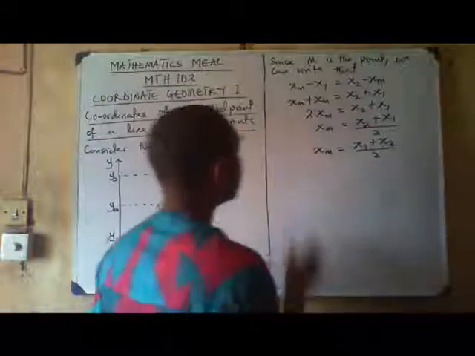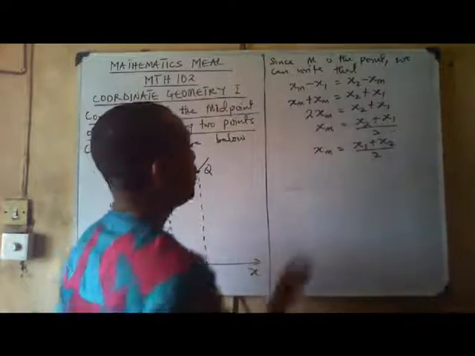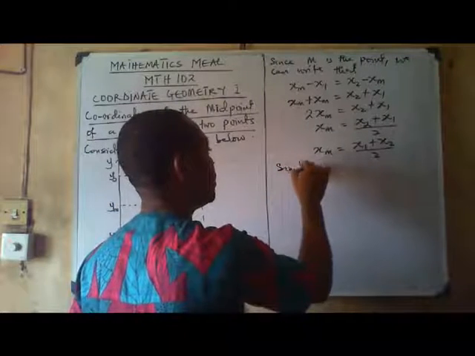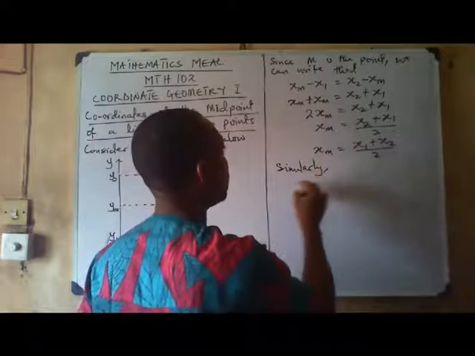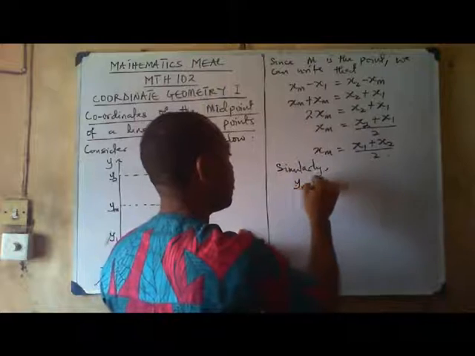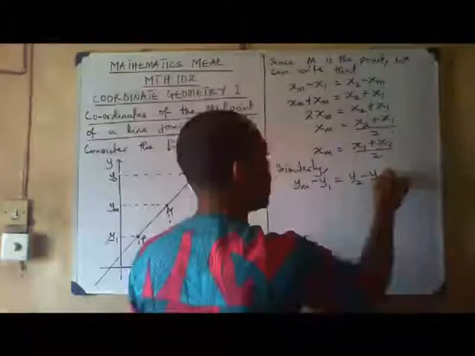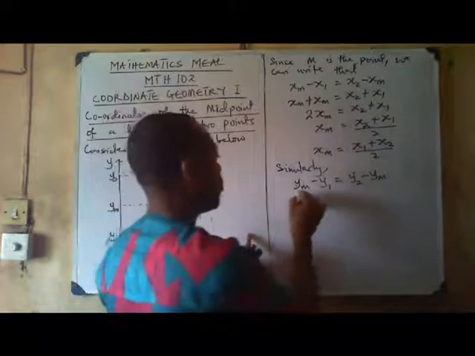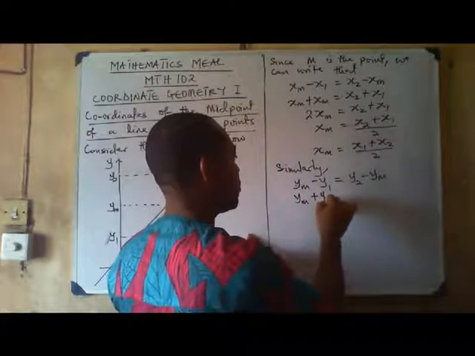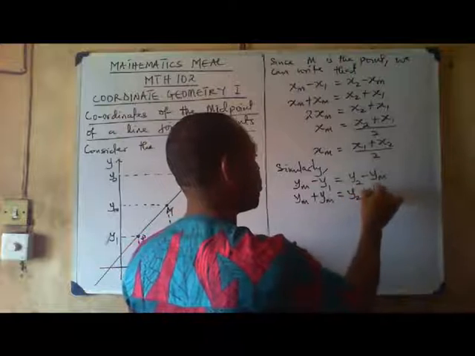We know that. Similarly for y, we can also say that ym minus y1 equals y2 minus ym, and that gives us ym plus ym equals y2 plus y1.